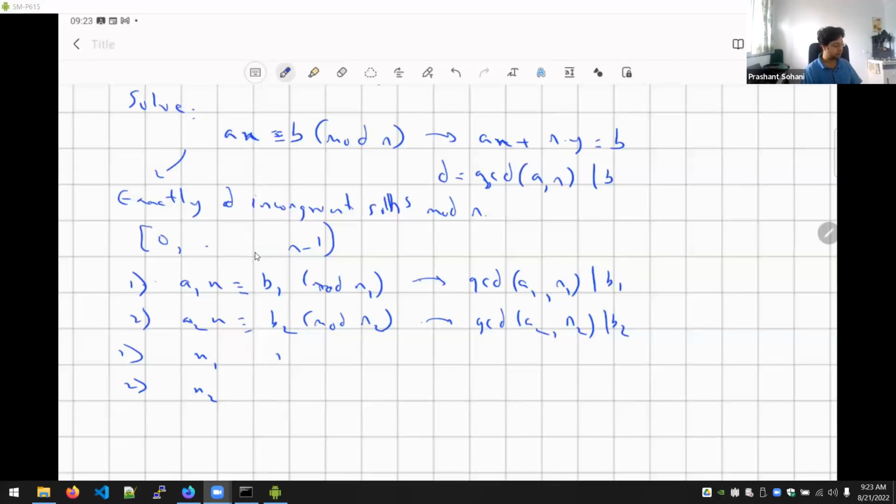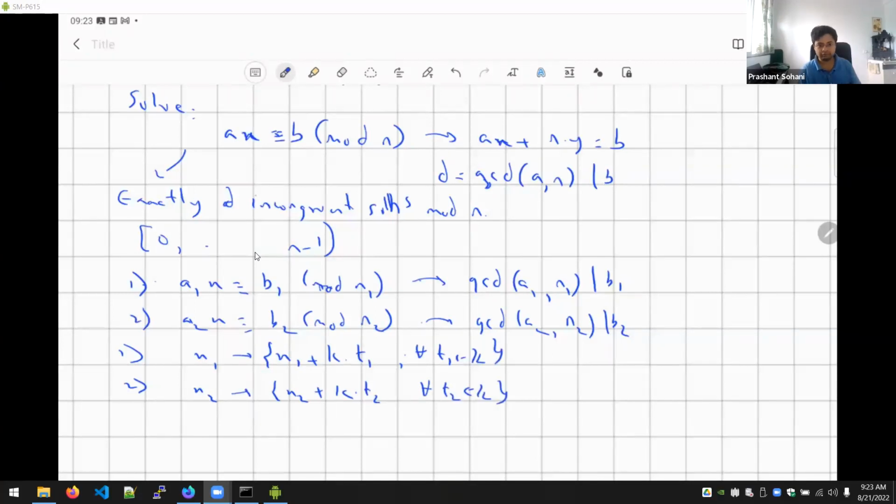So it will be x1 plus k times some constant difference, let's say t1. So this is the solution set of the first equation, and the second equation will have x2 plus k times t2, for some other constant difference, which may not be identical. Okay. So these are two arithmetic progressions.